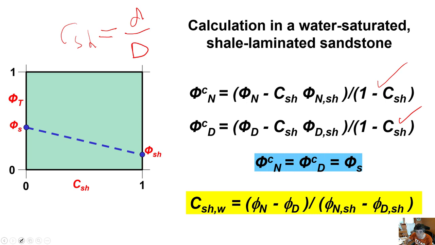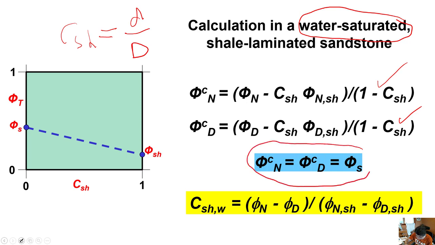But we know that if the correction is properly done in a water-saturated sandstone, so what happens if I implement this formula in a water-saturated sandstone? If the corrections are done properly, the selection of the pure shale is properly done, then after making the corrections, the neutron corrected log should be the same as the density corrected log. And the values will be actually the values of the sandstone porosity.